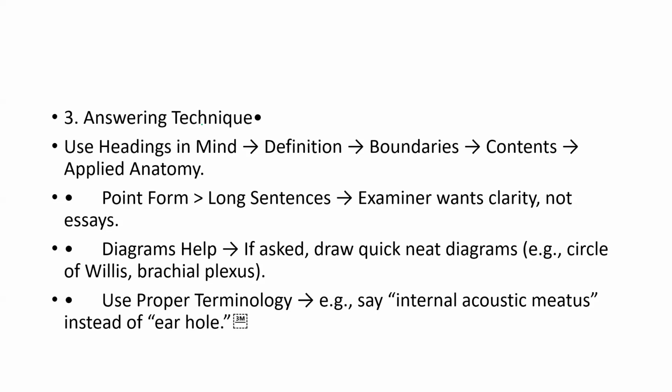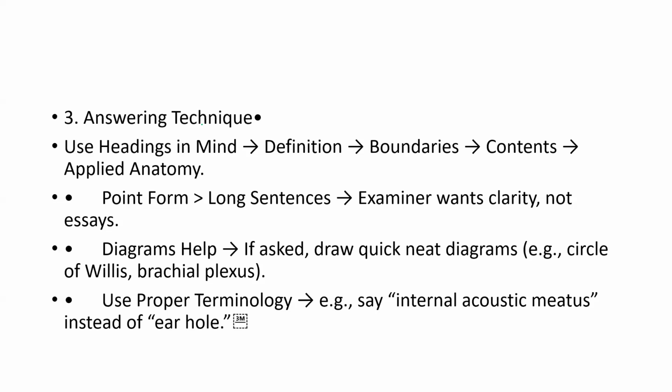If we consider the contents, there are 4 major contents from medial to lateral. These are the contents. Then you can tell the median nerve is a content, and the brachial artery is there. Clinically, sir, we can palpate the pulse here.